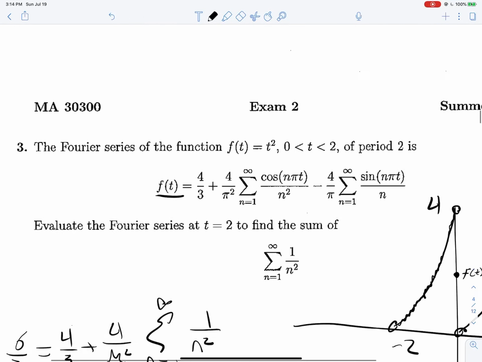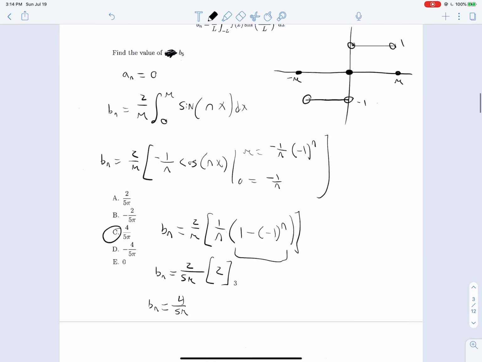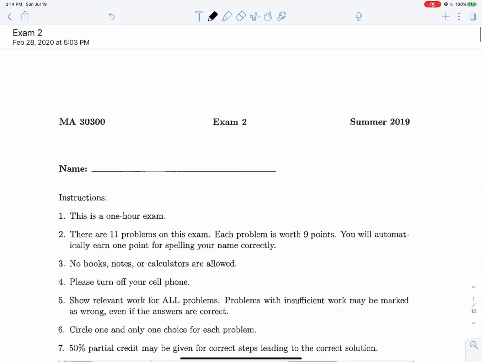If they made us find the Fourier series of t squared, you'd have to do integration by parts twice, nested inside each other. Oh, that's gonna suck. Don't even get me started on how my lab math testing is ruining Purdue math. Okay, whatever.